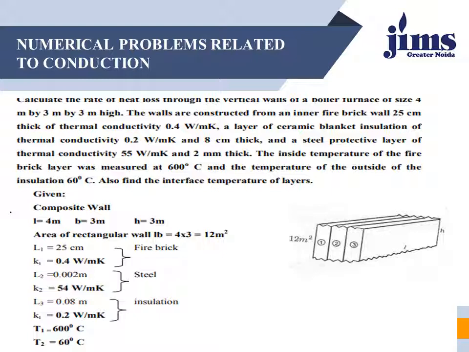The inner temperature of the wall, denoted by T1, is equal to 600 degrees centigrade, and the lower temperature of this composite slab is 60 degree centigrade. We have to calculate the interface temperatures of the layers, the temperature between walls 1 and 2, and the temperature between walls 2 and 3. This is a numerical problem based on a composite wall.